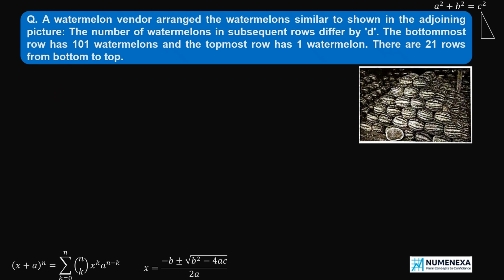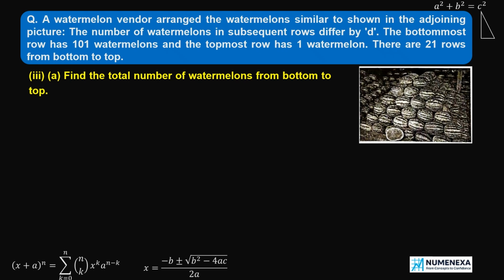The next question: find the total number of watermelons from bottom to top. Recall that when we need to determine the total number, we need to use the sum formula for the AP. The first sum formula can be used if the first term and the last term are known.